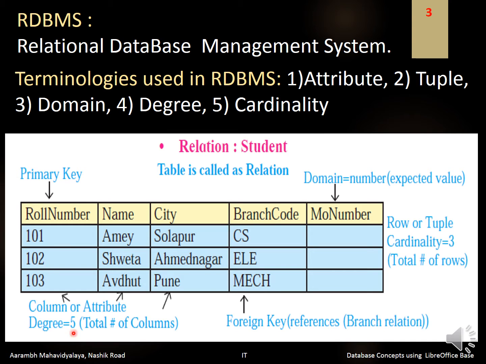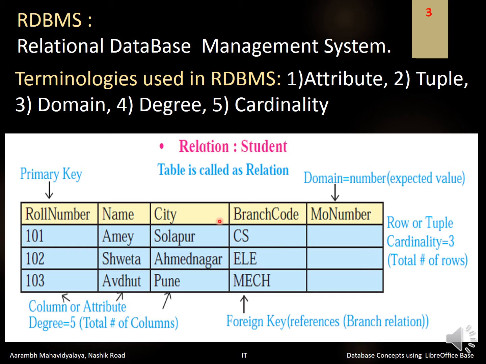In this diagram all these terminologies are shown. We will see all these terminologies in detail. First of all, just study this table. Here the relation student is shown. That means the table name is student.